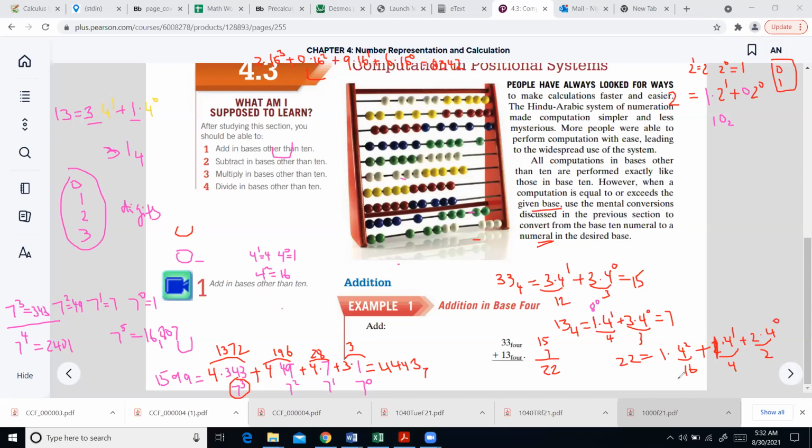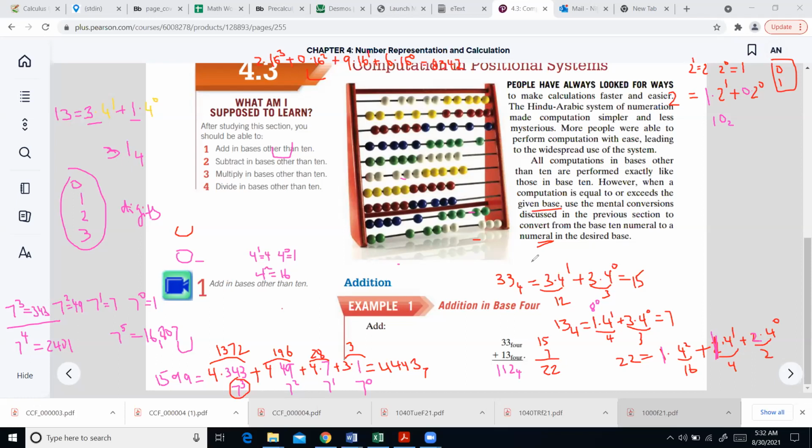So what you can do is write this result back in base 4. I just want to use different colors so we can see better. So it's 1, here's another 1, and here's 2. So actually the result will be 1, 1, 2 in base 4.